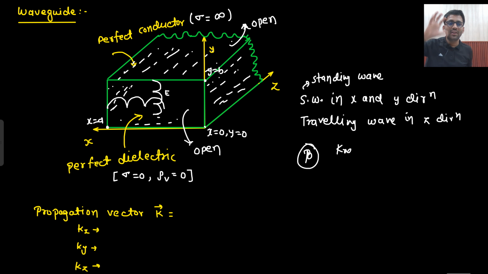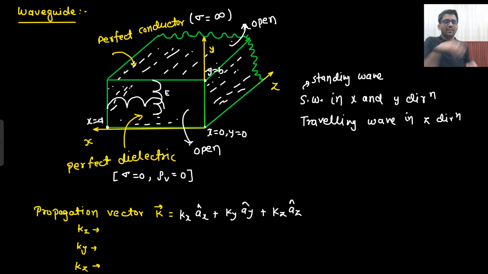So certainly waves are there in all three directions, so they will have kx ax cap, ky ay cap, and kz az cap as well. Are you getting this point? In x, y and z, all three directions, a wave is there. In x and y a standing wave is there, and in z a traveling wave is there. So our wave is propagating in the z direction, making a standing wave pattern in x and y.